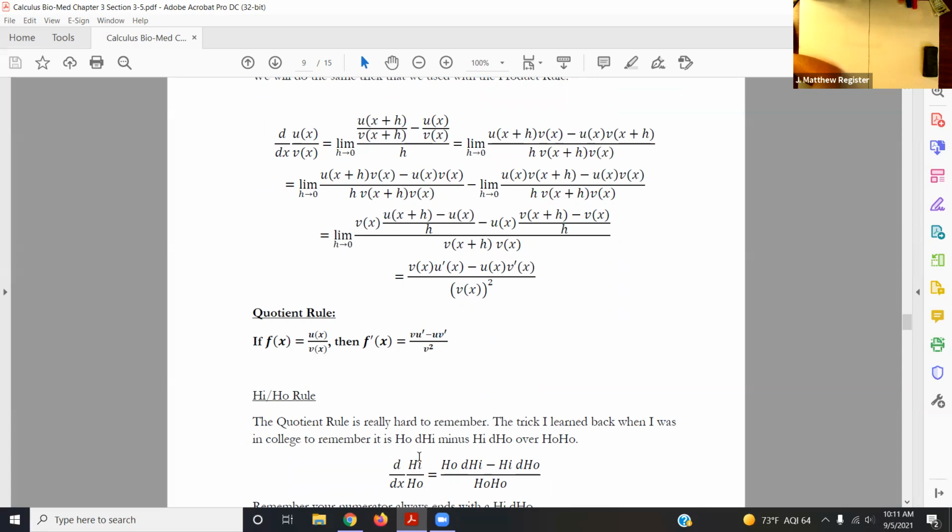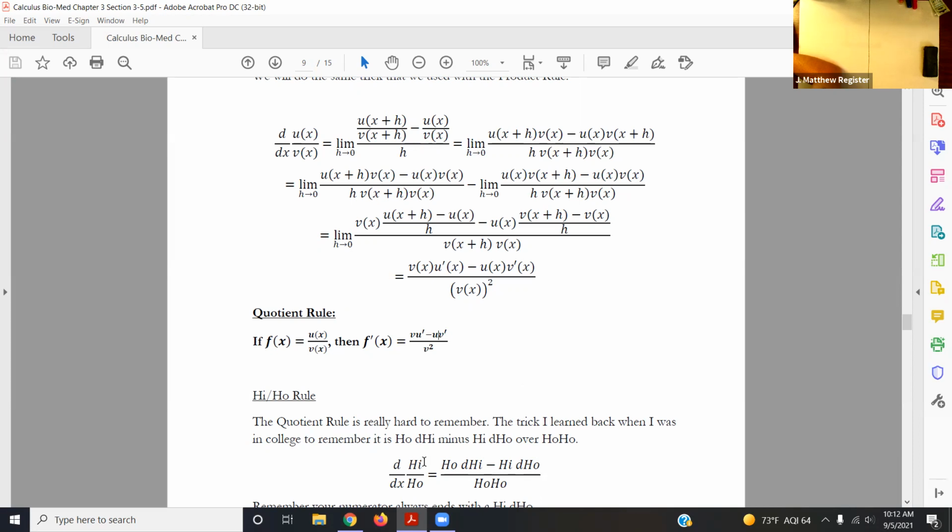The derivative of hi over ho becomes ho d hi minus hi d ho over ho ho. That's hard to forget because the hi d ho is always at the end, the second component in the numerator. And the ho ho is the value squared in the bottom. Once they showed me this, I never forgot it.